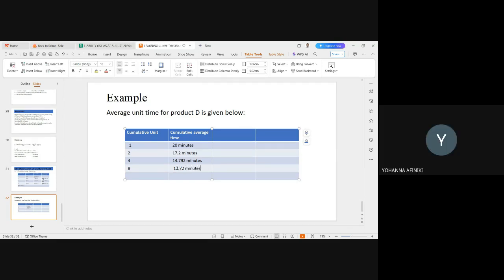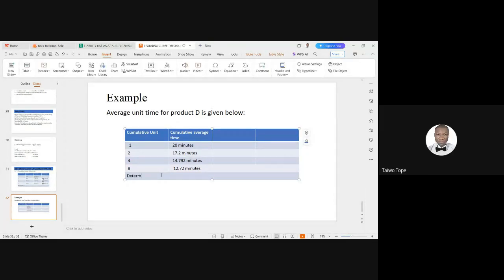Now, the question will be, determine the learning curve rate.